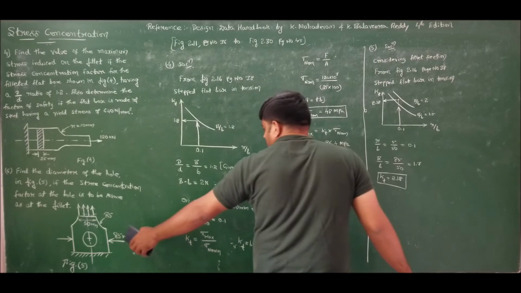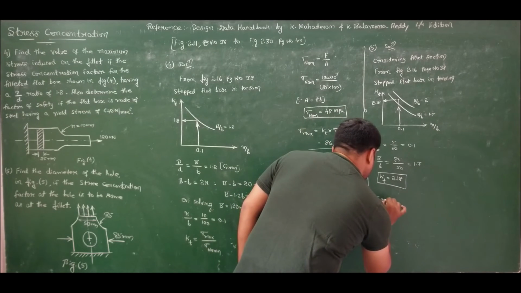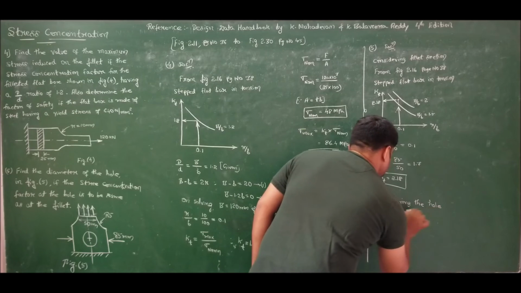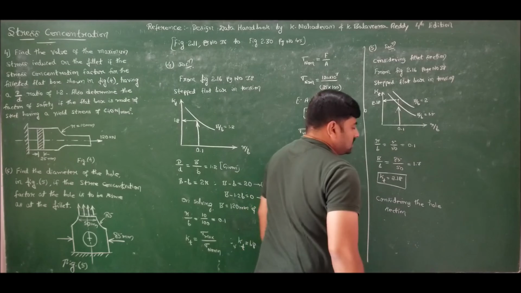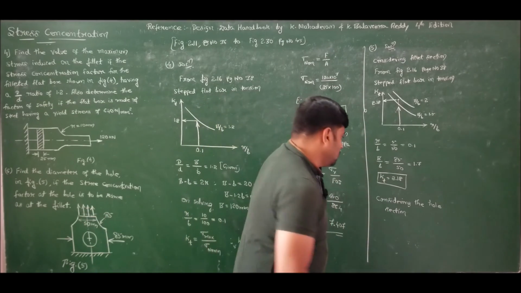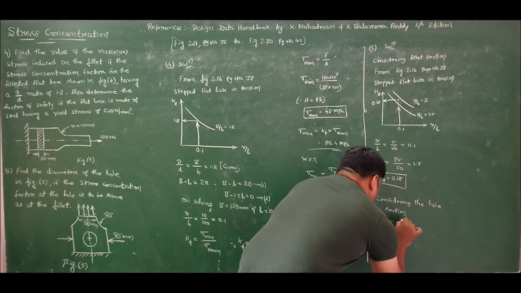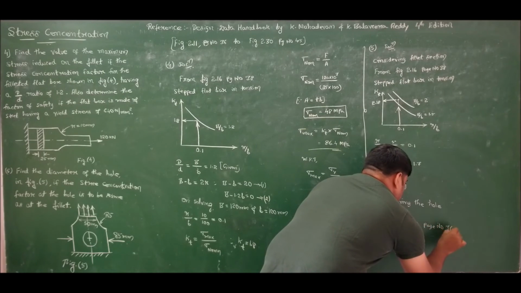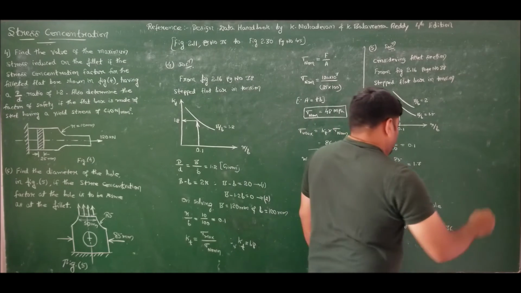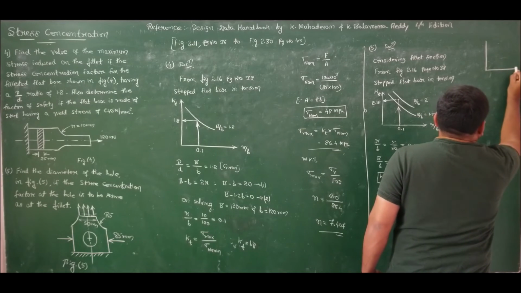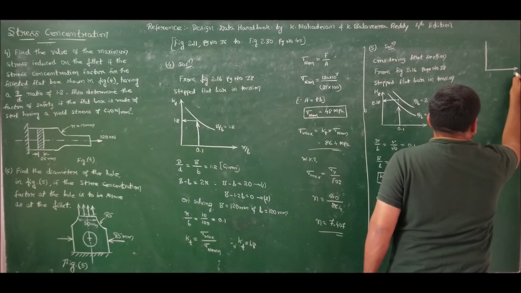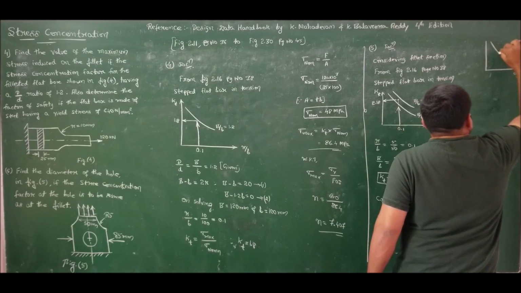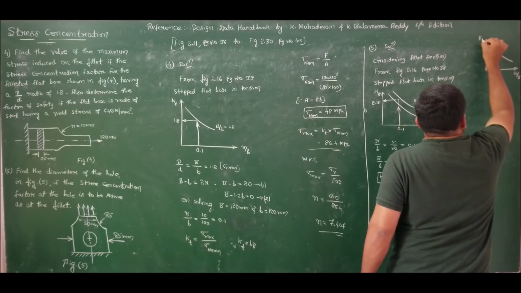Hence, considering the hole section, it is a flat bar with a hole subjected to tensile loading, so from figure 2.12, referring to page 36, you have on the x-axis A by B, that is hole diameter by width 85 mm, and we have a simple curve, and the y-axis is the stress concentration factor Kt.